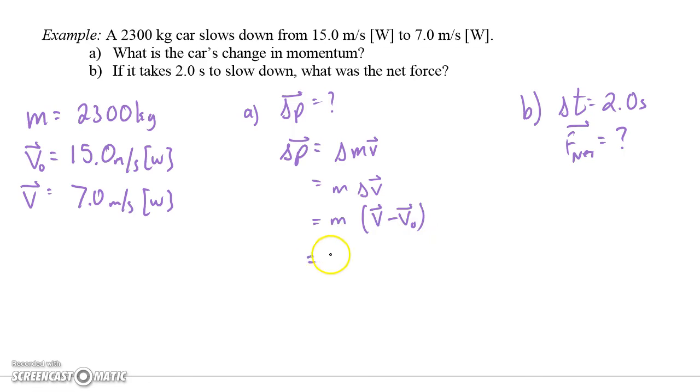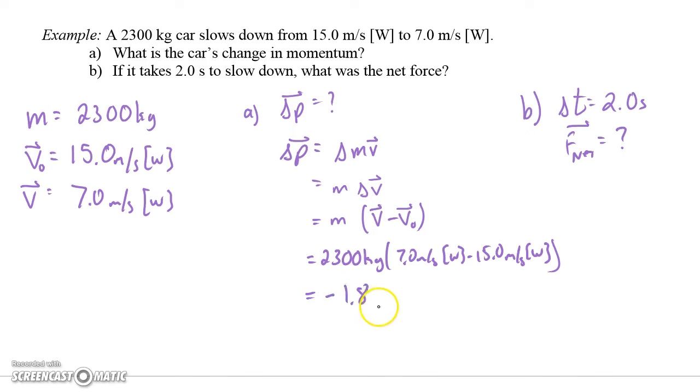Now we just need to plug in our numbers: 2,300 kilograms times 7.0 meters per second west minus 15.0 meters per second west. After a little bit of math, that's going to give you negative 1.8 times 10 to the 4 kilogram meter per second west.